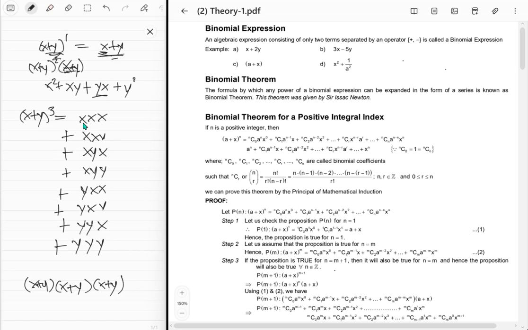So does that make sense? I think it should. So that generates a term. For example, if I take x and then I take y from here, it will be yx. So not xy, yx. And then if I take y from here and x from here, it will be xy, and so on, right?